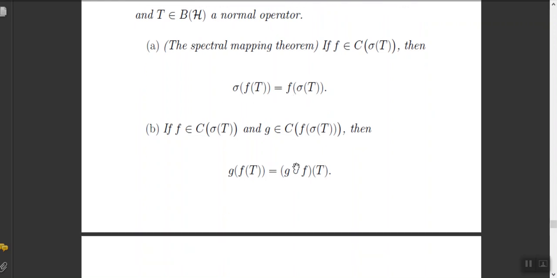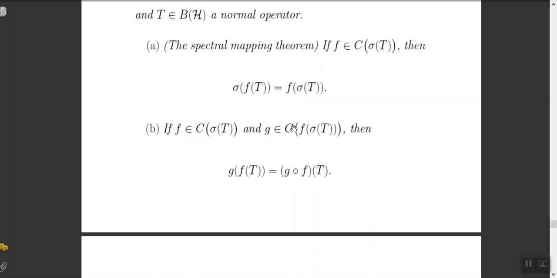Very interesting. And this statement, look at here, if f belongs to C of the spectrum of T, it means f is a continuous function on the spectrum of T, and g is a continuous function on f of sigma of T. Look at here, f is a continuous function, right? So it maps the spectrum of T, which is a compact set, to a compact set. So f of sigma of T is a compact set.